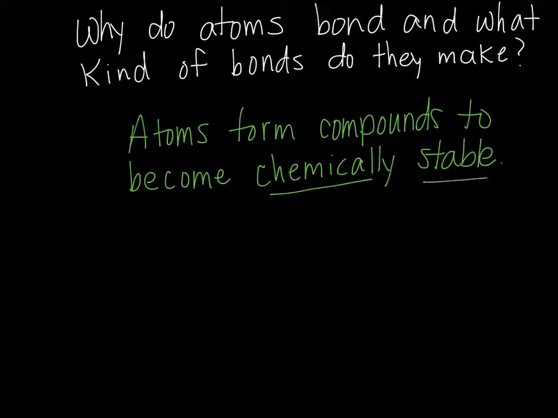What does that mean? Chemically stable is kind of a fancy way of saying the atom is happy with its current state, or where it is, or who it's partnered up with.